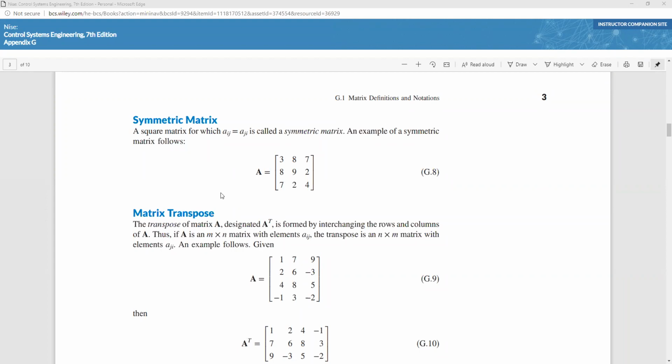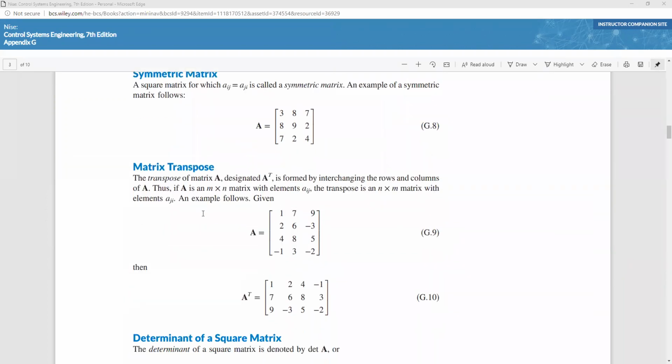Okay, and matrix transpose. What is the matrix transpose? That means the column will become the row. Transpose matrix, column will become the row. Okay, that is the transpose matrix.